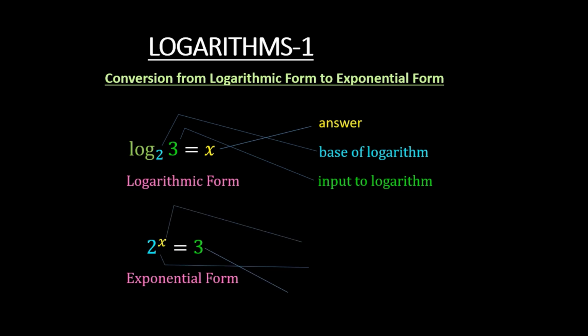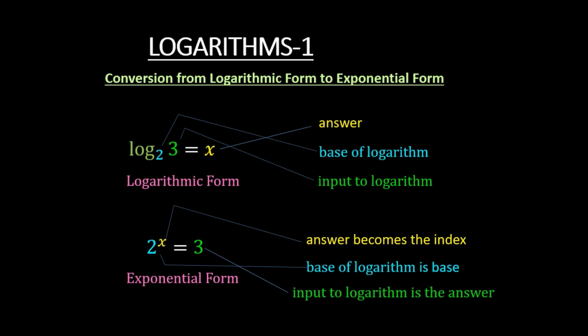Now what does x represent here? x, which was the answer in the previous case, now represents the index, and 2, which was the base of the logarithm, is still the base, and 3, which was the input to the logarithm, is now the answer.